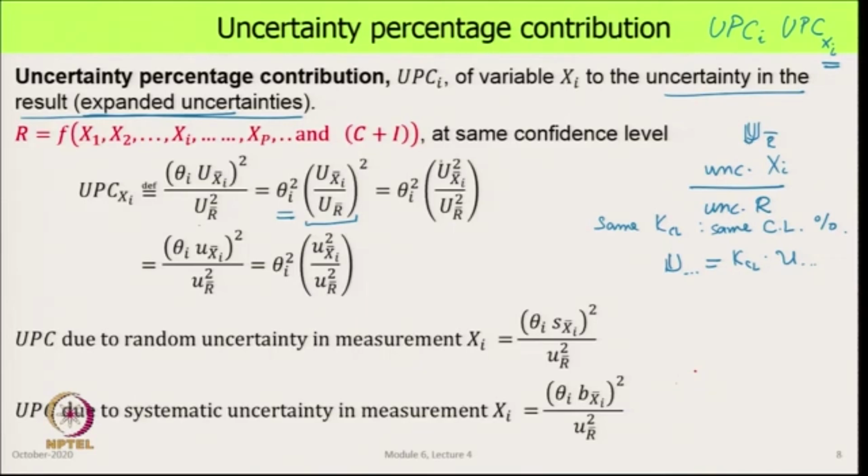So, if we do that, we can substitute here and the k's will cancel out, and we will get theta I U x I bar, this product squared, upon U r bar square, and this is theta I square times U x I bar square upon U r bar square. So, that is the definition in terms of the expanded uncertainty or the total uncertainty, or we just call it the uncertainty in the measurement and uncertainty in the result, where this ratio is the ratio of the standard uncertainties.